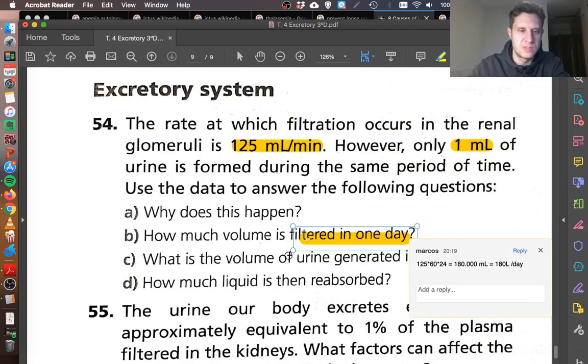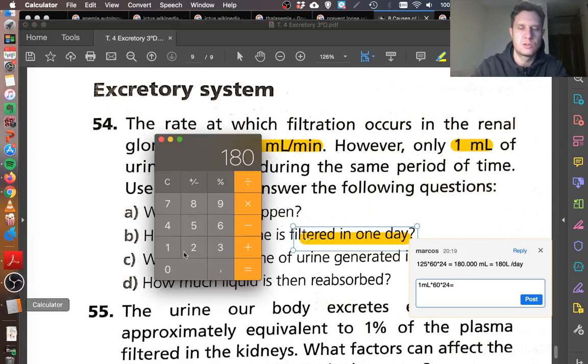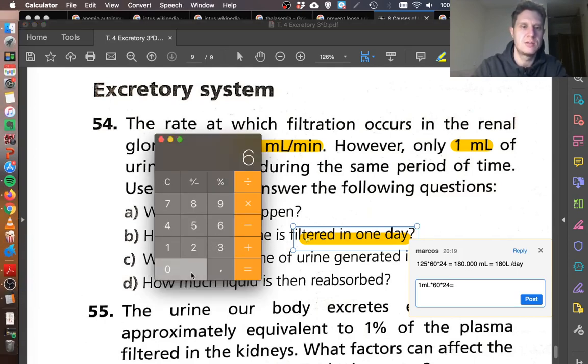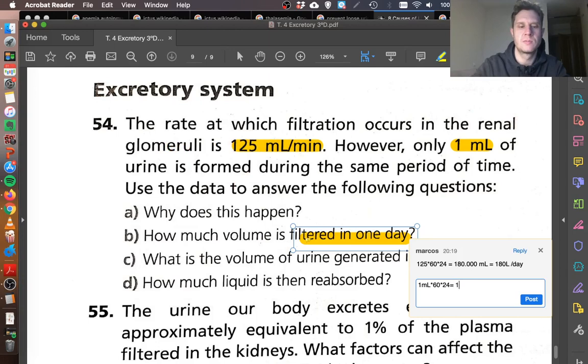Good. What is the volume of urine generated? Urine generated is 1 milliliter per minute, so we need to multiply by 60 and by 24. So 60 by 24, 1,440 milliliters.